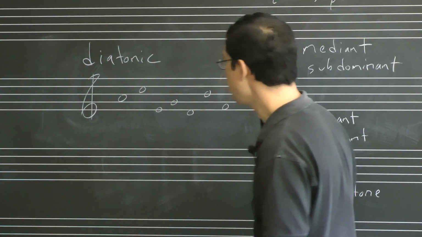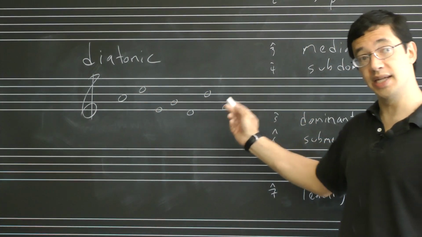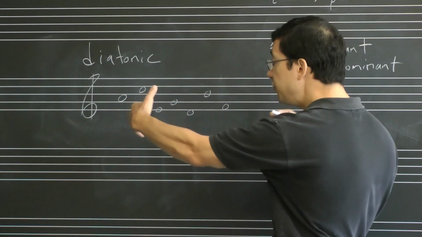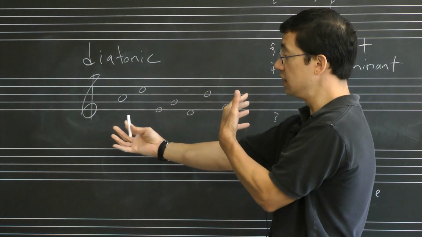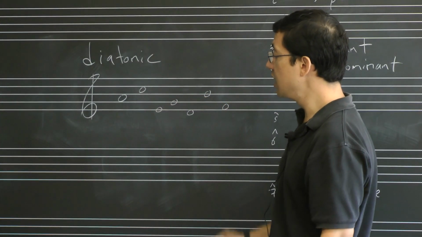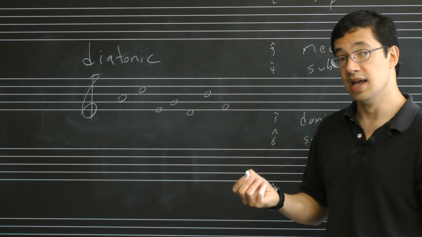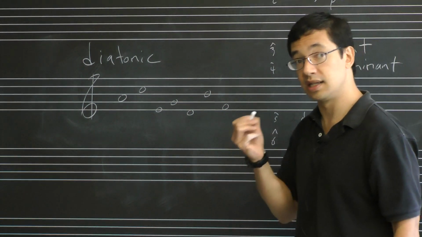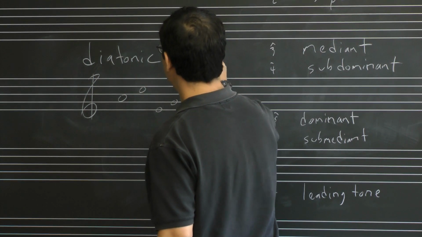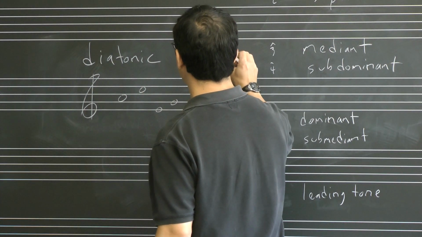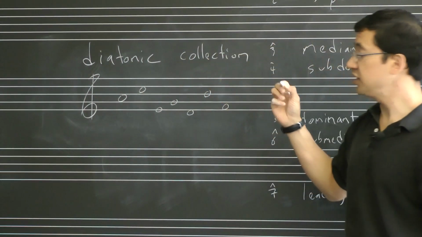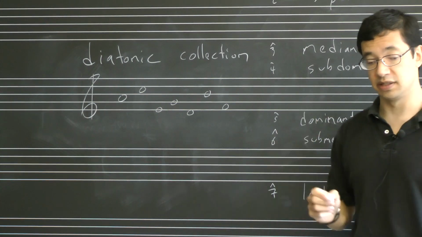Yeah, okay, there we go. If I write those notes, they're not lined up in the order of a scale. But if you lined them up in the order of a scale, they would make a diatonic scale. So when you've just got a bunch of notes like that, instead of talking about a diatonic scale, I'm going to talk about a diatonic collection. Diatonic scale, diatonic collection, two handy terms for you to know.